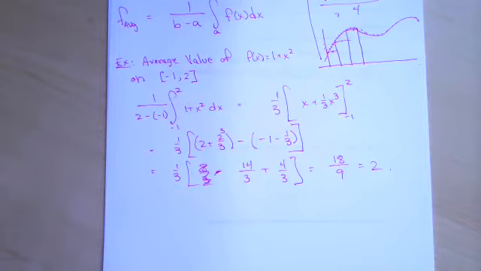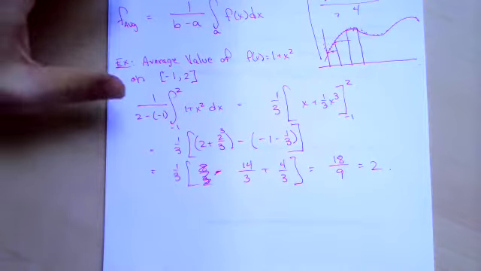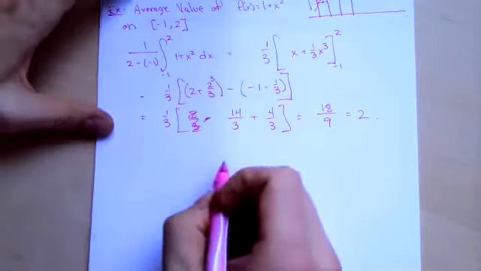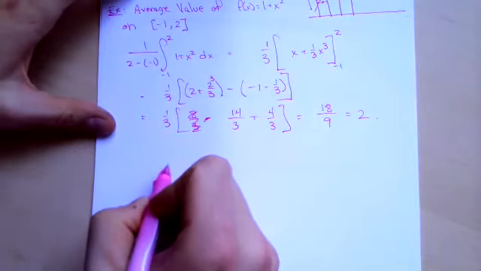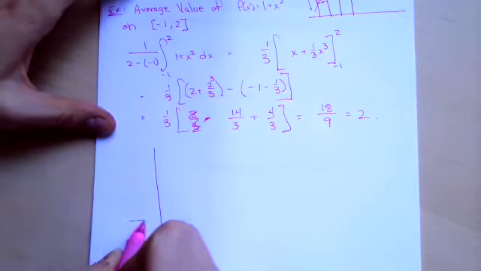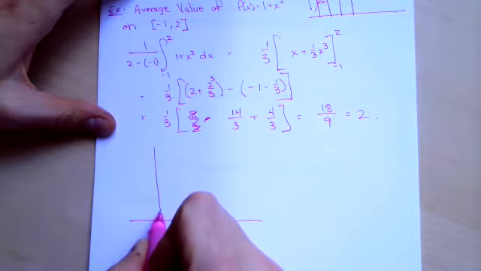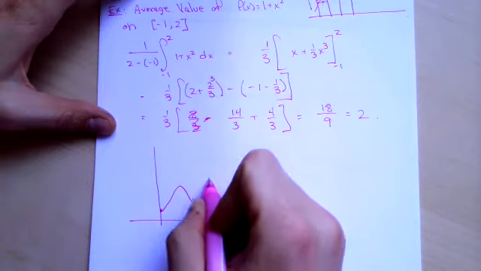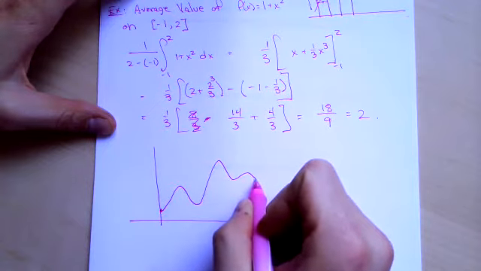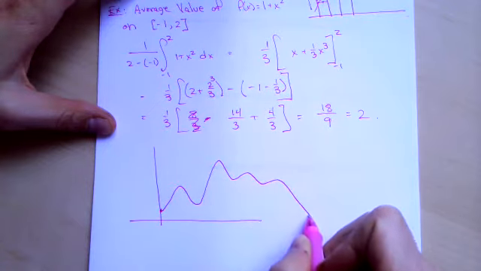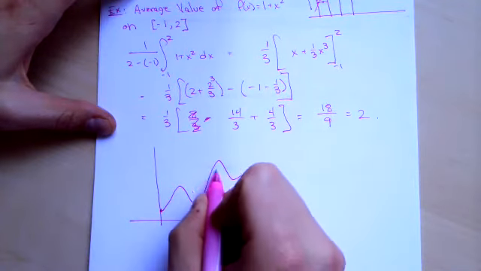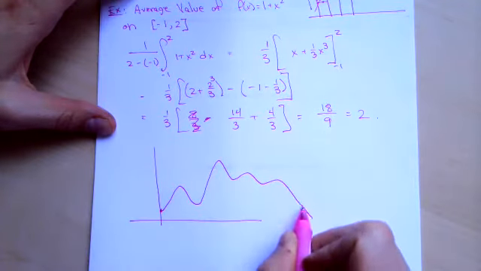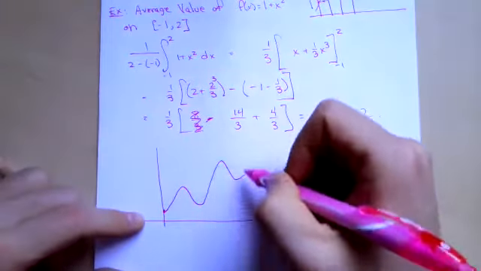The average value of a function, the way you can think about it is, if I have a function, it's moving up and down as x continues. As x goes to the right, the y values go up and down. You want to think, what is the average height that I'm reaching? How high on average is this function?